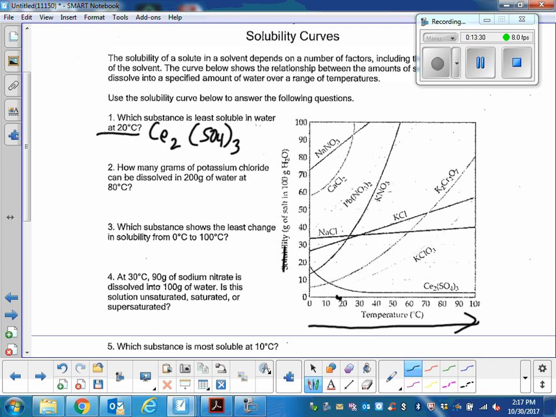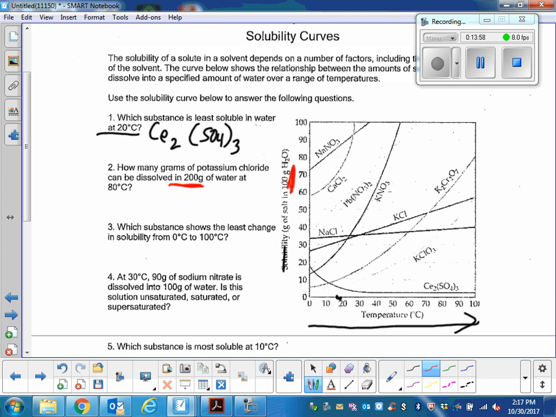This is important, guys. This is how many grams of water? What does it say? 100. What is this question asking in? 200. Did you highlight that? That's 100 and this is 200.